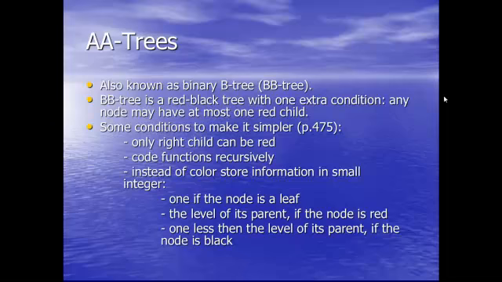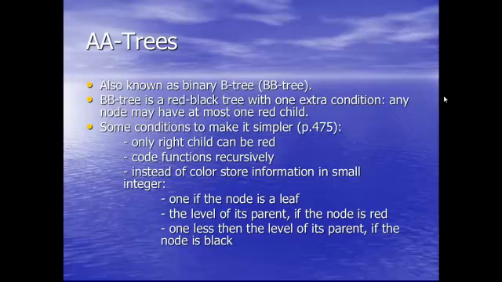Red-black trees had various conditions to be satisfied regarding their colors, and AA trees have also been designed in such a way that they should satisfy certain conditions regarding their new property, that is the level. The level of a node will be as follows: 1 if the node is a leaf, the same as its parent if the node is red, and 1 less than the level of its parent if the node is black.